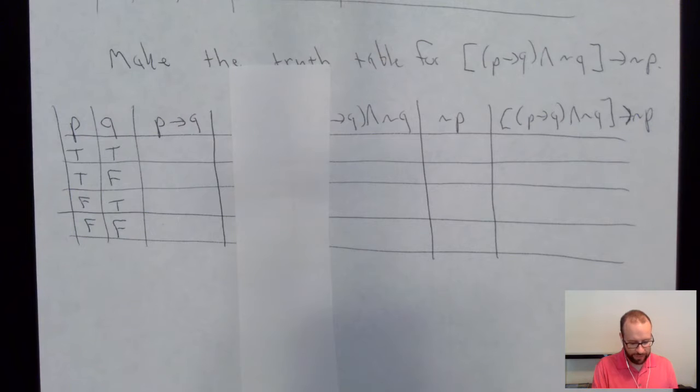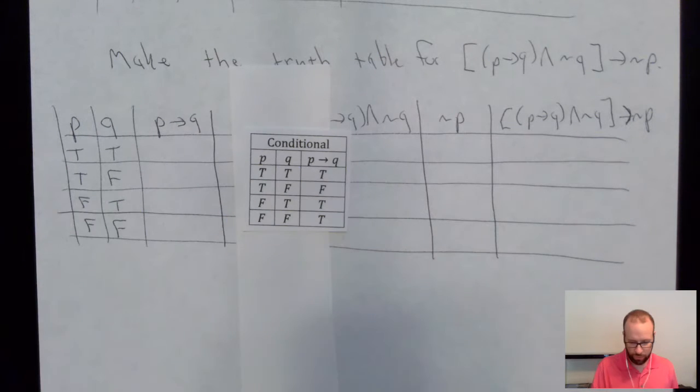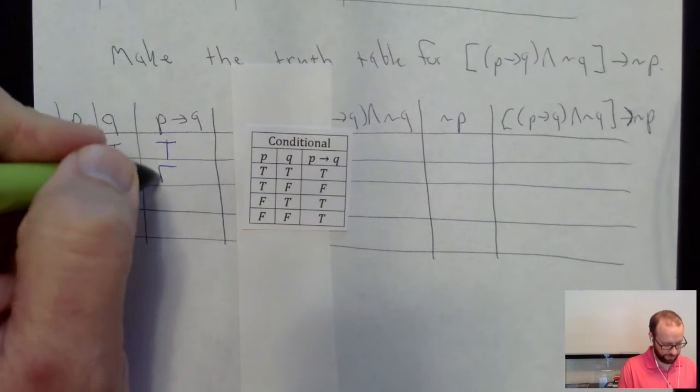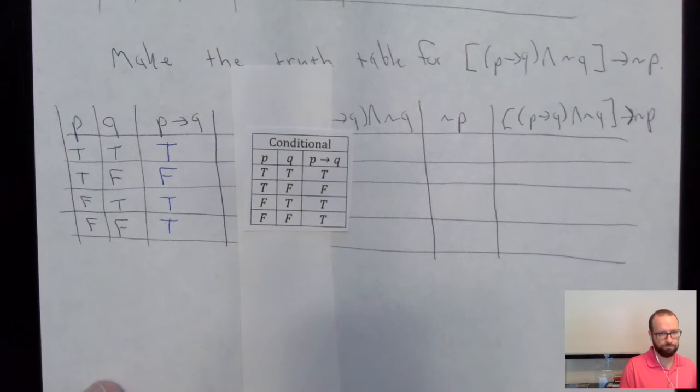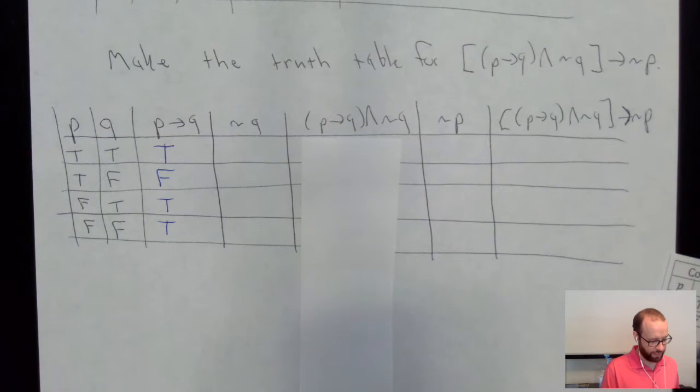If we look at the conditional table compared to what we have, we're doing the same exact thing. We have true, true, true, false, false, true, false, false. That's going to give me, if true then true is true, if true then false is false, broken promise, if false then true is true, if false then false is true. Great.